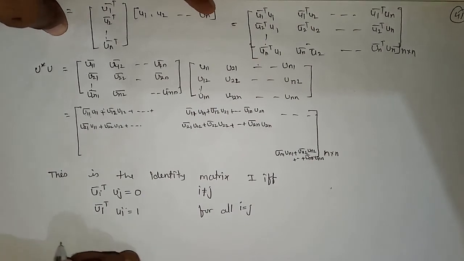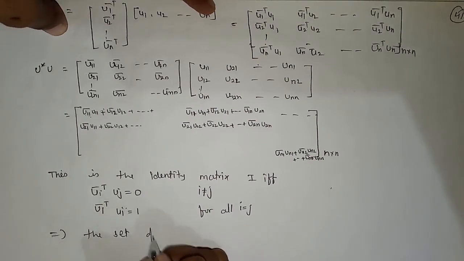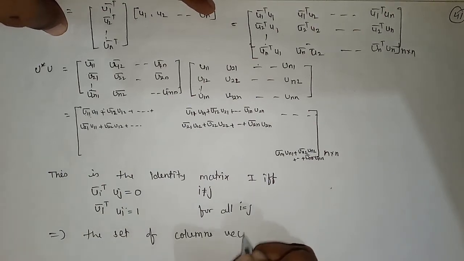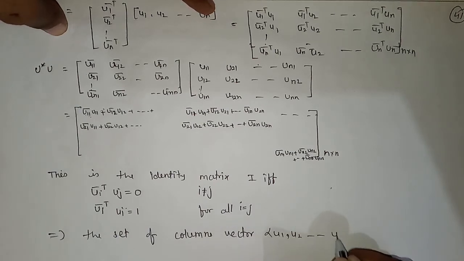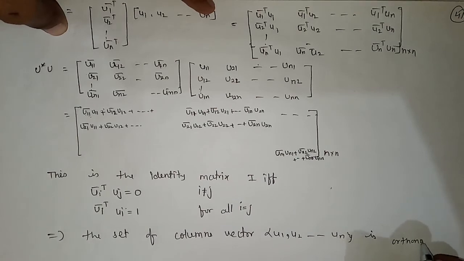So this implies the set of column vectors u1, u2 up to un is orthonormal.